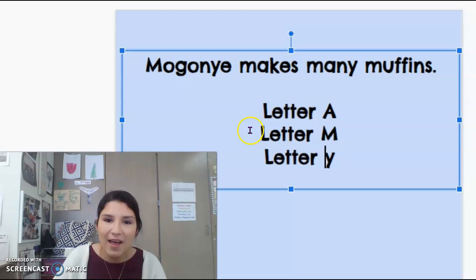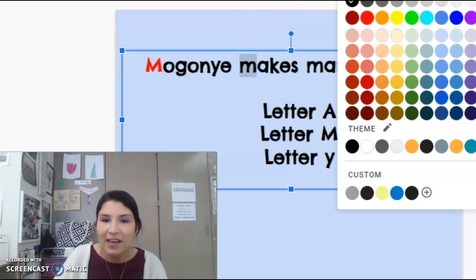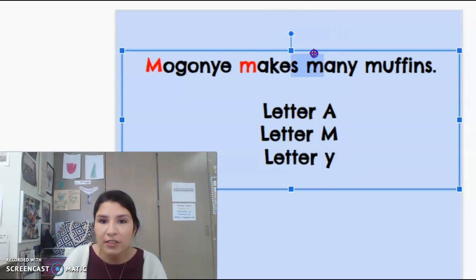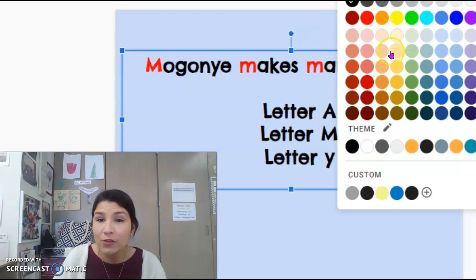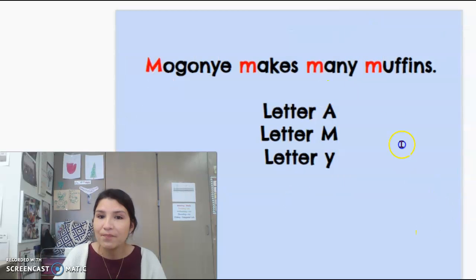The letter M. Now the reason why I want to go over these 2 questions with you is because on tomorrow's test, you're going to notice that we have 2 questions like that, and they go over alliteration. So I want you to be prepared for that.